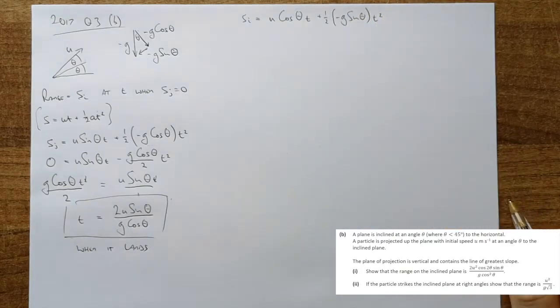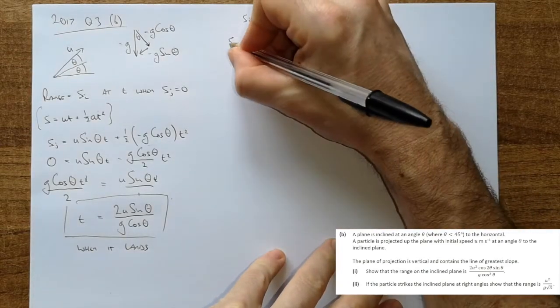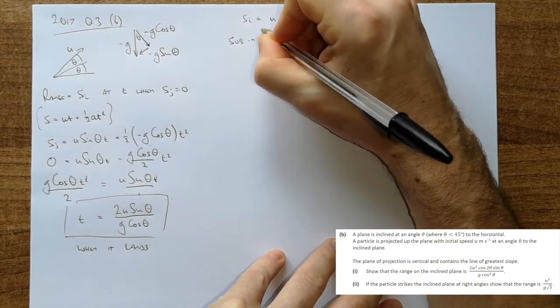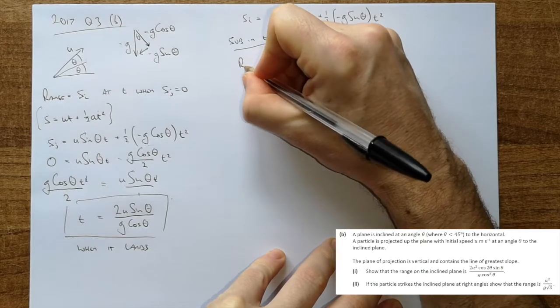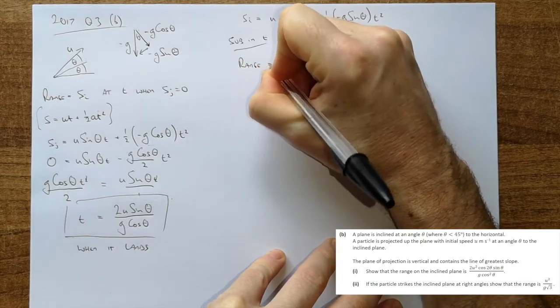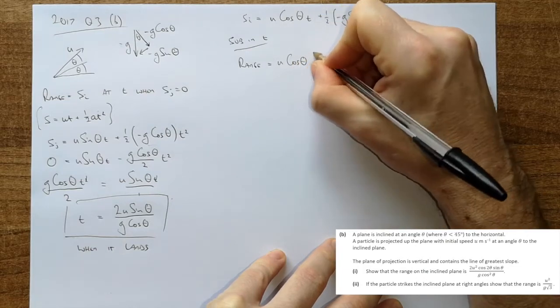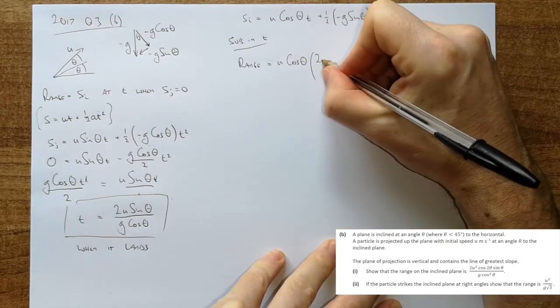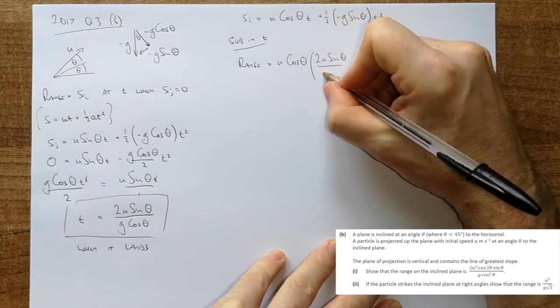This one is going to get a bit messy, I'm warning you now. So make sure we lay things out nice and clear. The next step is to sub in t. I'll call this the range, so we know exactly what we're talking about. u cos theta by this, 2u sine theta all over g cos theta.